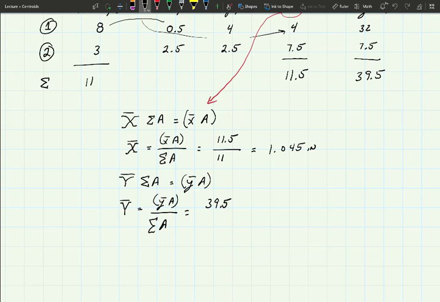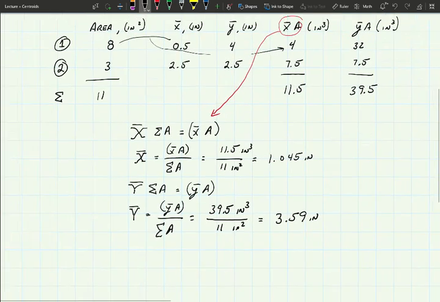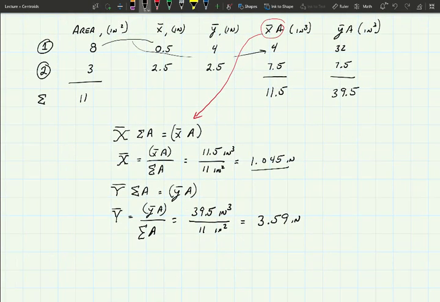Oh, I should put some units on this, make things a little clearer. Inches cubed divided by 11 inches squared, and that will leave me with 3.59 inches. All right, let's doctor up this other one up here. So this is inches squared, inches cubed, okay? And those are our answers.